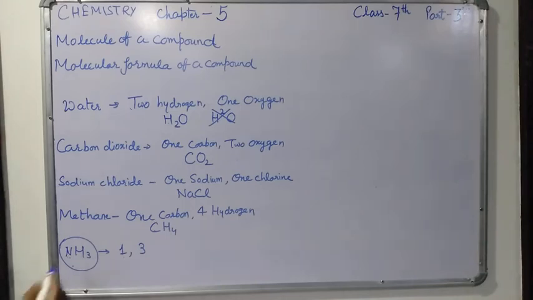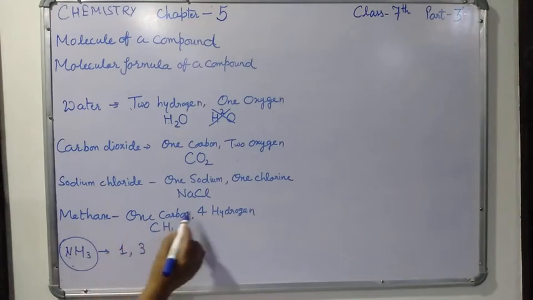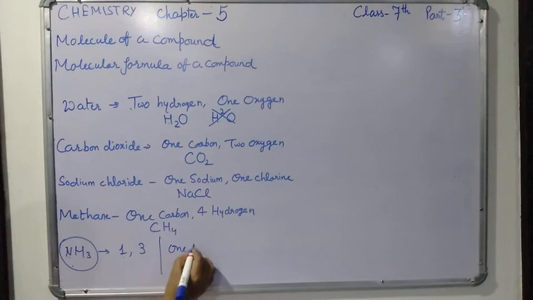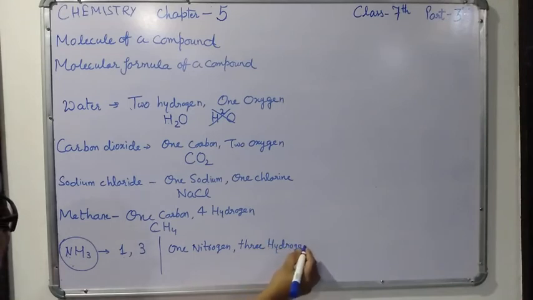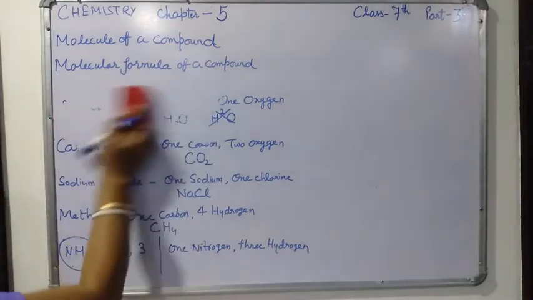So likewise you can write the number of atoms and constituent elements: 1 nitrogen atom and 3 hydrogen atoms.